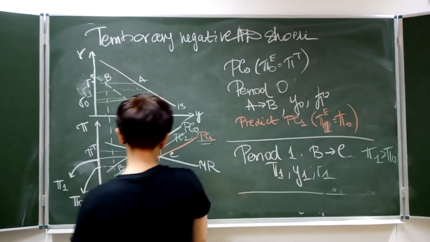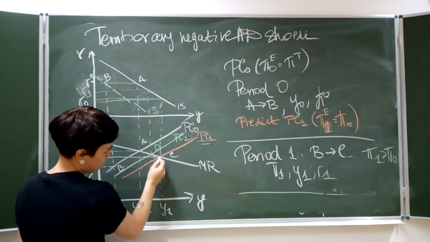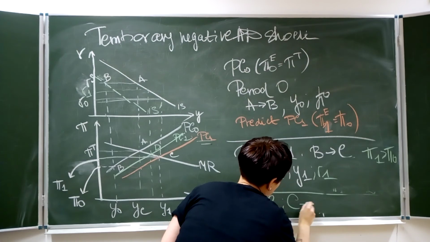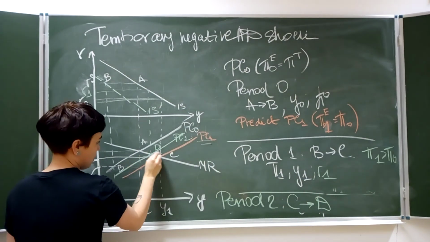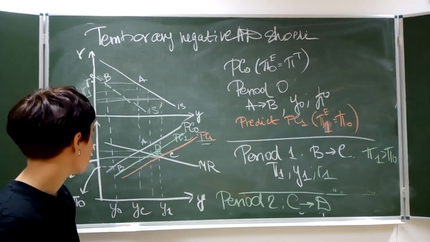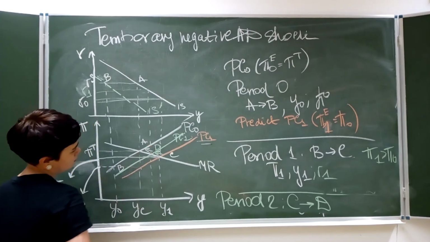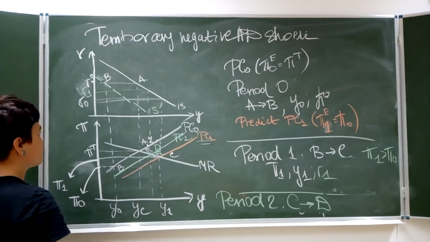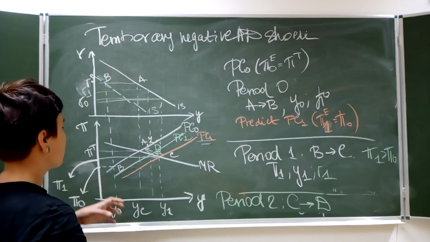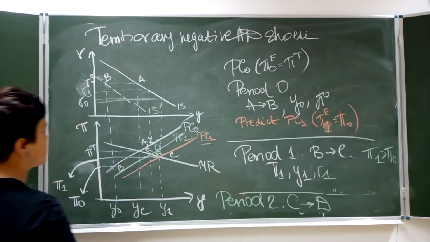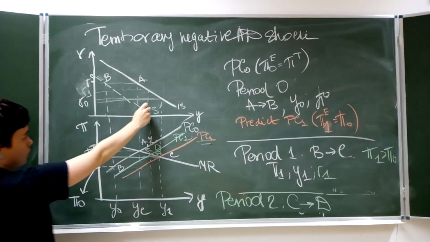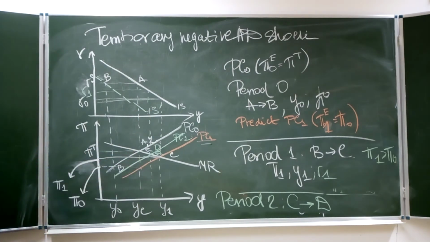So starting from the second period, we shift from point C to point D. And starting from this period, we will shift closer and closer to the initial point. So A is at the same time initial point and final point, when economy will end up in the new medium run equilibrium. Since we assume that IS curve will be here only for one period, period 0, then we will get back to the initial level of interest rate.